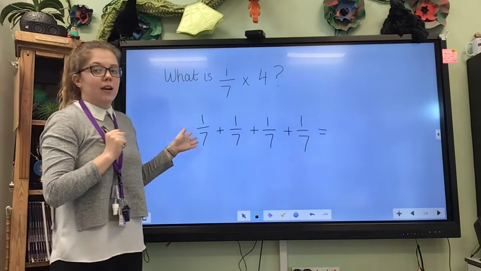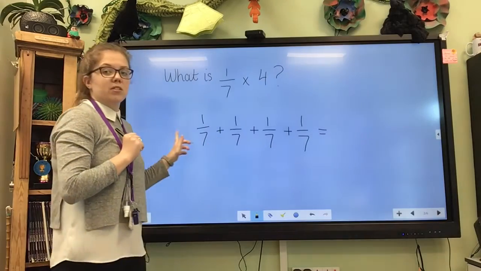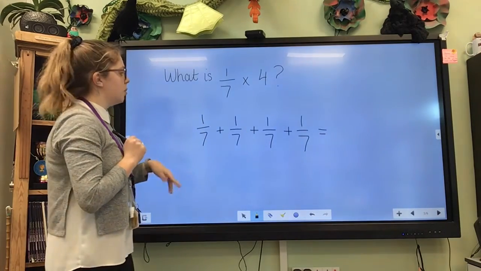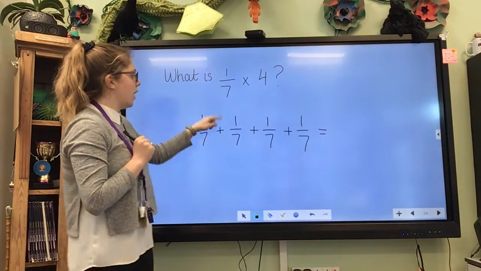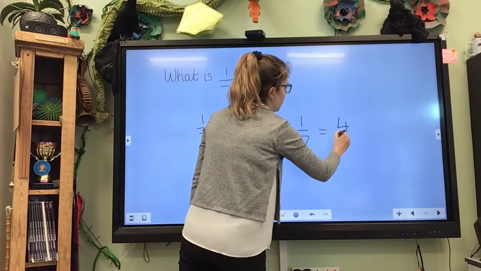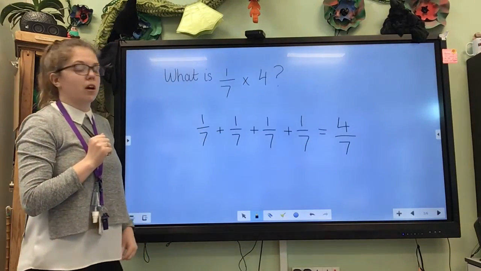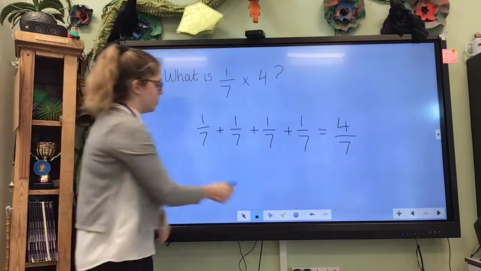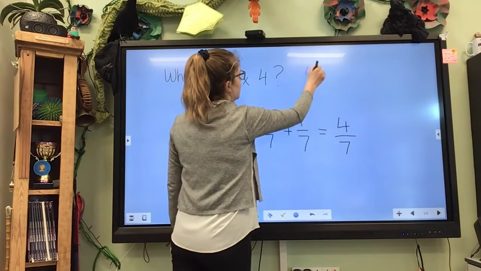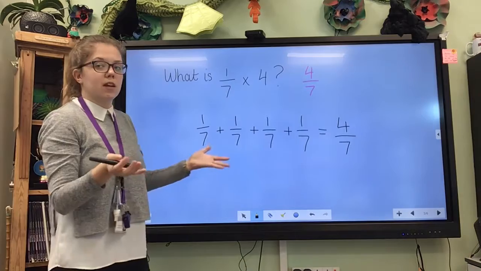And we've done our adding and subtracting fractions, and when the denominator is the same, we just have to add the numerator. So what we're doing is 1, add 1, add 1, add 1, which is going to be 4. And because the denominator is the same, we've got the same denominator for our answer. So 1/7 times 4 is 4/7, just like that. Nice and easy.